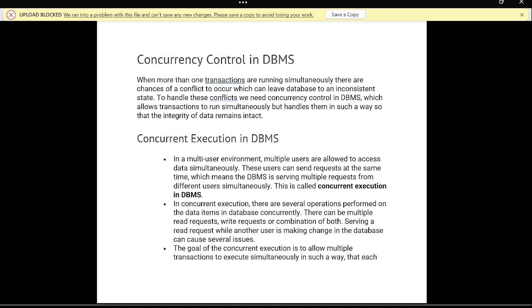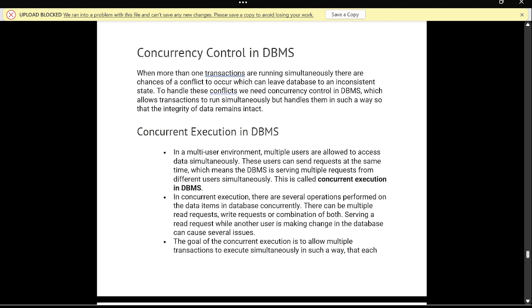So inconsistency of data is going to happen if your system does not have concurrency control. So how to avoid this, how to maintain your database accurately, what problems we are going to face with concurrency control and how to avoid them. These are the topics we are going to see in concurrency control.